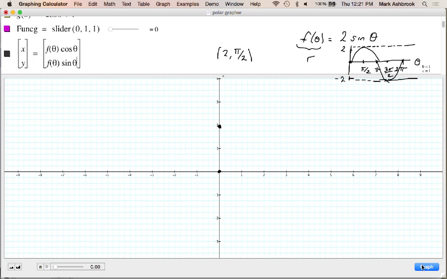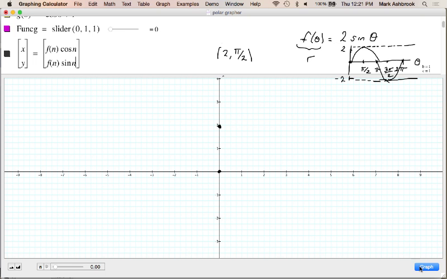See what I did? So what is this going to do as theta changes? Oh, but it's going to be n. So n is how I vary the angle measure, down here at the bottom of the screen.